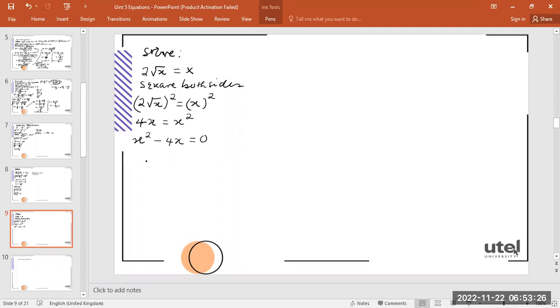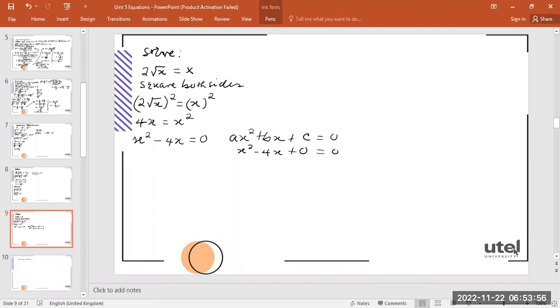Now, this is a quadratic equation. The only difference with the original standard form is that it does not contain the constant term c. You know that the general form of a quadratic equation is ax squared plus bx plus c is equal to 0. So in this case, we have x squared, and then we have minus 4x. The only thing is that our constant term c is 0 in this case. So that's why we're left with x squared minus 4x equals 0.